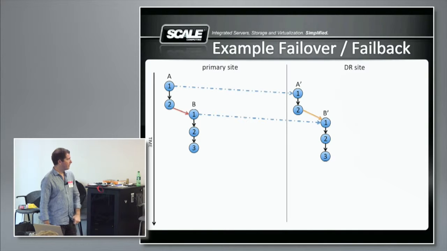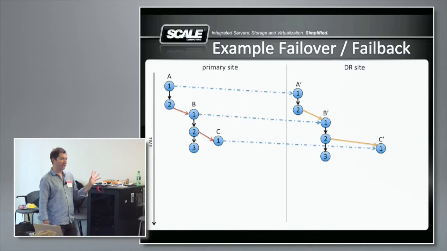Make some more changes on B, and at some point we might have cloned another VM C. Same thing. When I go to replicate C to the remote side, it determines that lineage, and will send that cloned VSD.